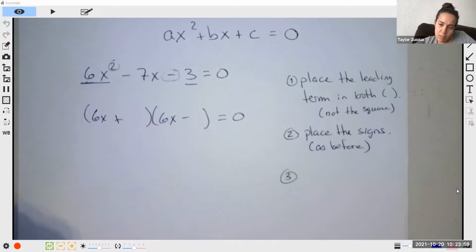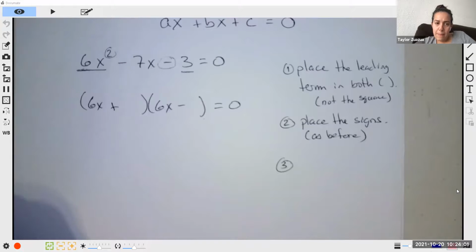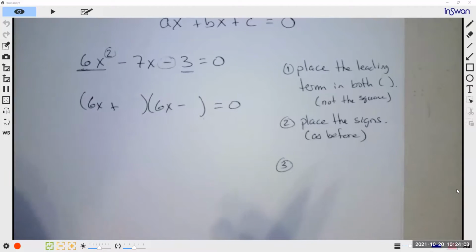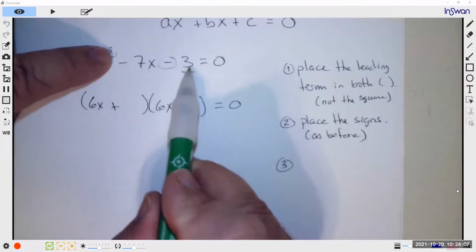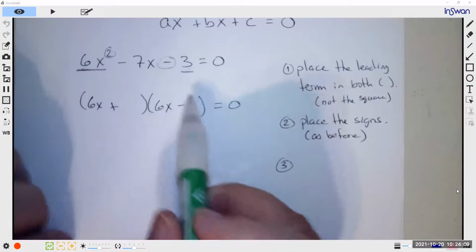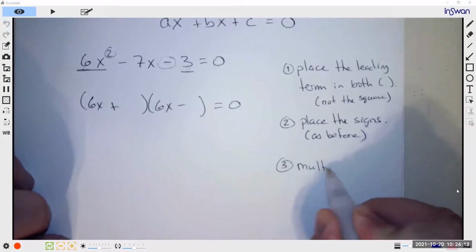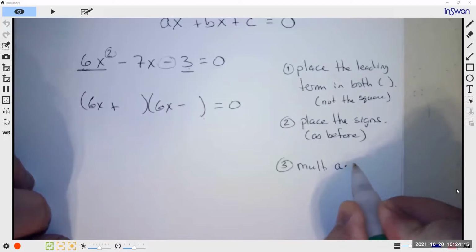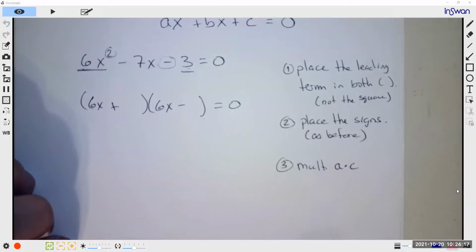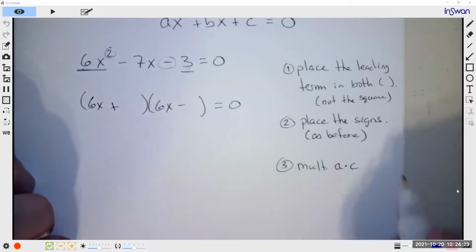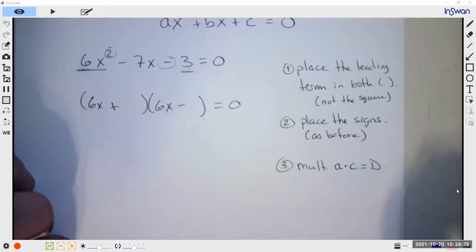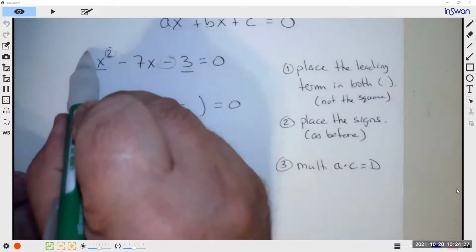Step 3. Now, this is the main difference between this and the last one. In the last one, we simply took the last one, separated it up. Now, in this one, multiply A times C. Let's call that capital D. So A is 6.